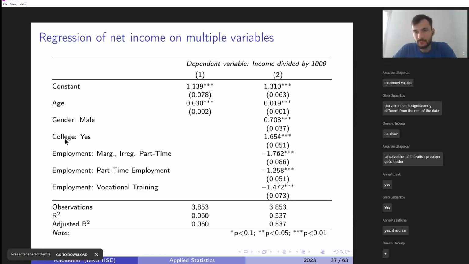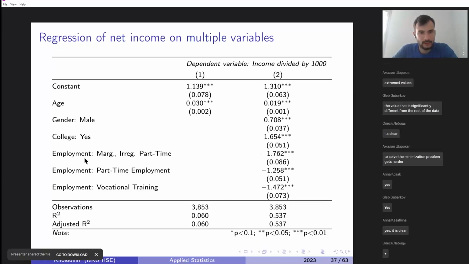Gender and college will be dummy variables, right? Because for gender, if male, then 1, if female, then 0, for example. College is yes or no as well: if yes, 1, if no, then 0.